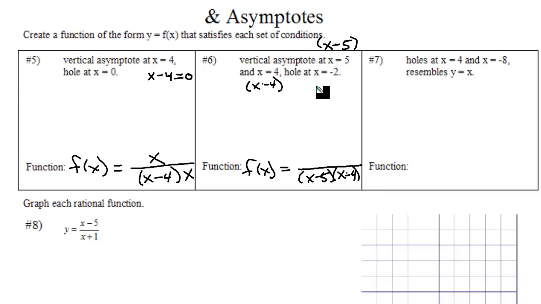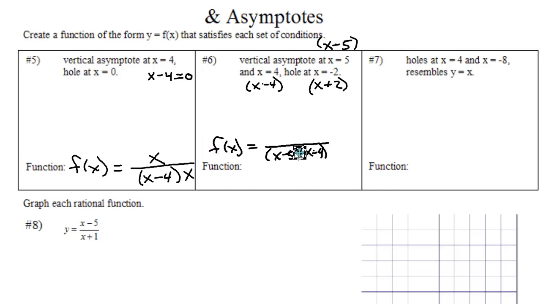And then here we have a hole at x equals -2, which means x plus 2 had to be in this problem. Because if you take x plus 2 and set it equal to 0, you get x equals -2. Holes happen when it's canceled from the top and the bottom. So in addition to these vertical asymptotes, there had to be an x plus 2 in my numerator and denominator.